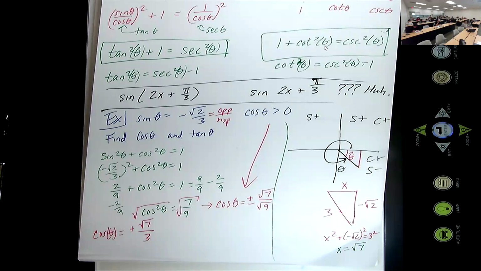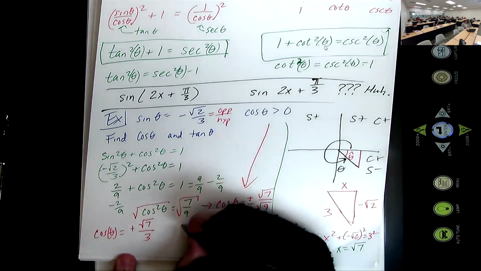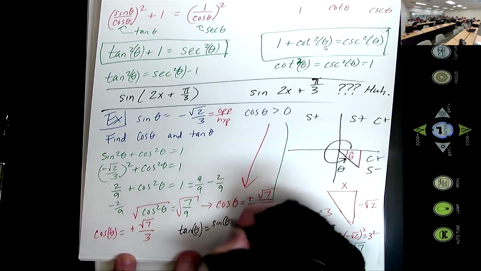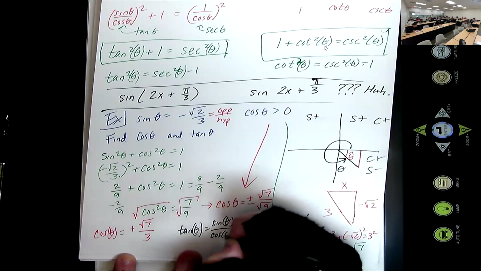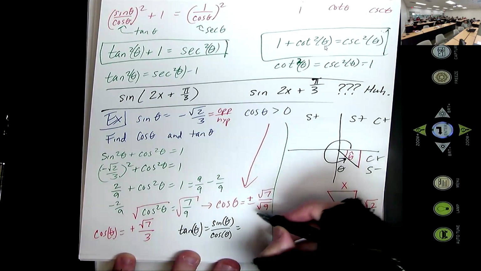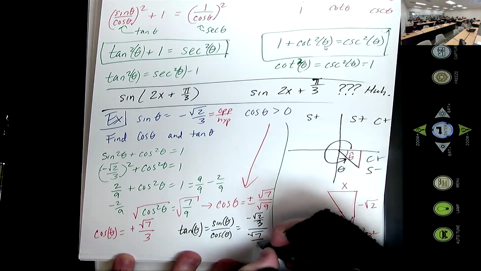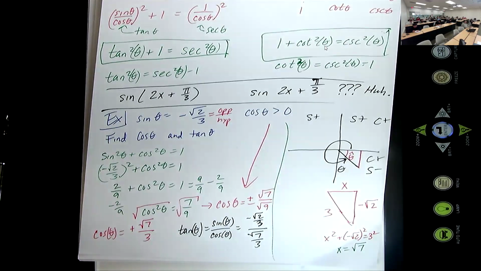If I wanted to find tangent theta, we know that's sine theta over cosine theta. I've got negative square root of 2 over 3 divided by square root of 7 over 3. Probably been a while since you've had fractions and fractions.